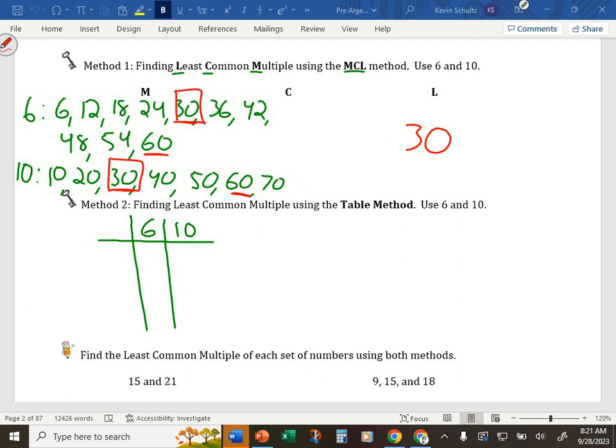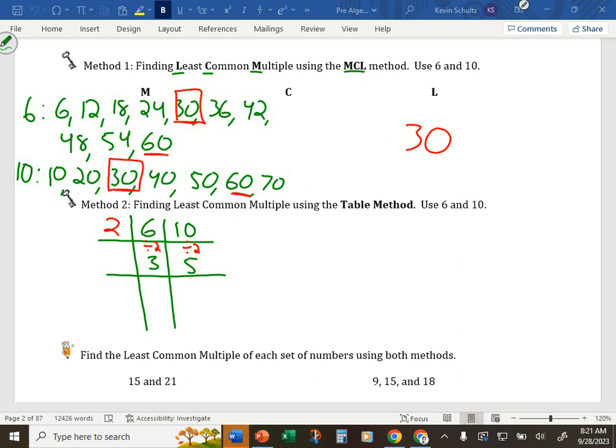So what's a common factor of 6 and 10? 2. So it starts exactly the same as GCF does, which again can kind of make it a little bit confusing. But we're going to divide by 2, and we get 3 and 5. Okay? Are there any more common factors between 3 and 5?